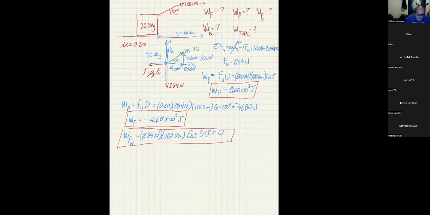And I think you can figure out what the work due to gravity is. That's going to be, of course, 294 newtons times 100.0 meters times the cosine of 90 degrees as well, which gives us 0 again. So work total, dang it, I keep doing that.